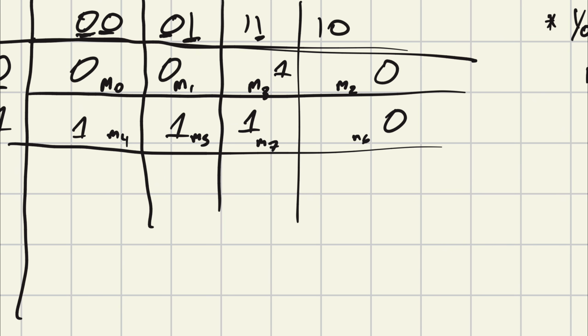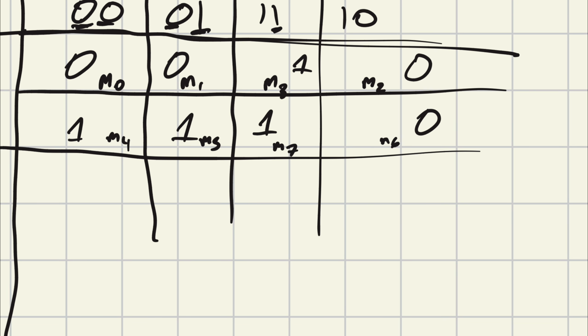So over here, we see that there's 3 ones on this row, but 3 does not correlate to a power of 2. But we can group these together, these ones over here. So we can write F is equal to, let's start with this grouping over here, like that in yellow.